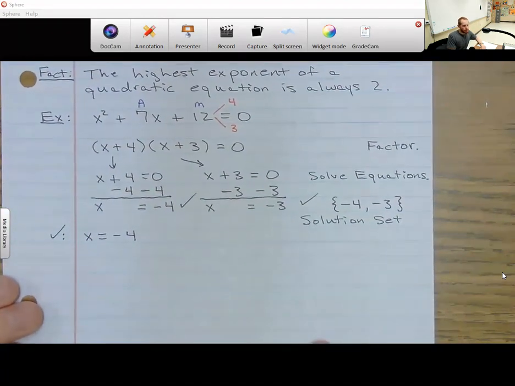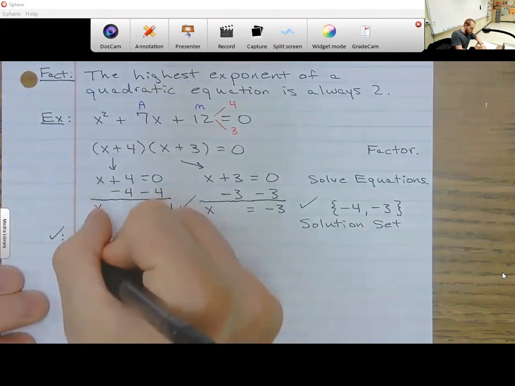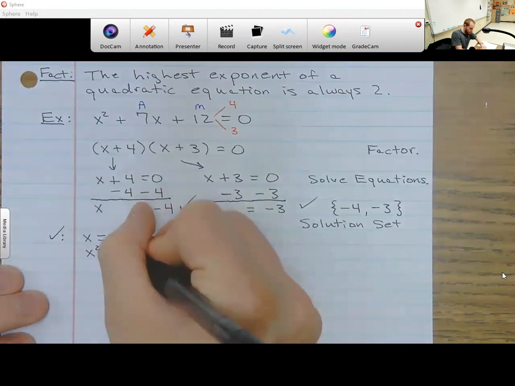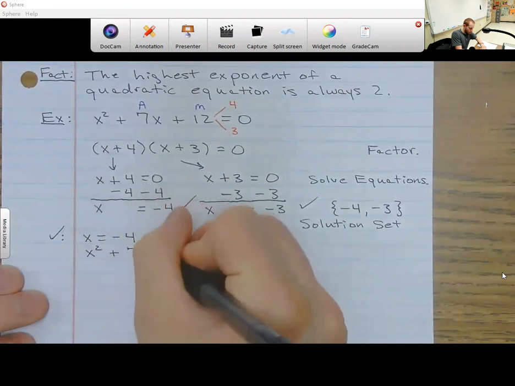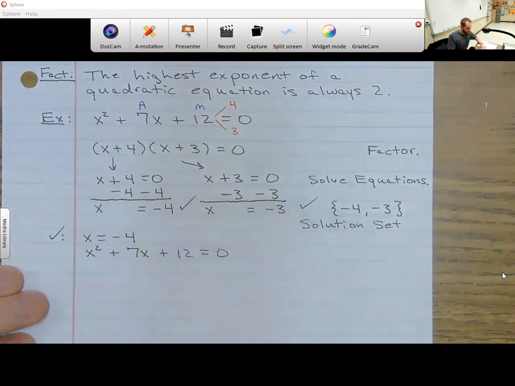So I'm going to copy down the equation up there: x squared plus 7x plus 12 equals 0. That's my original equation that they gave me. And then wherever I see an x, I'm just going to let x be -4 and see what happens.